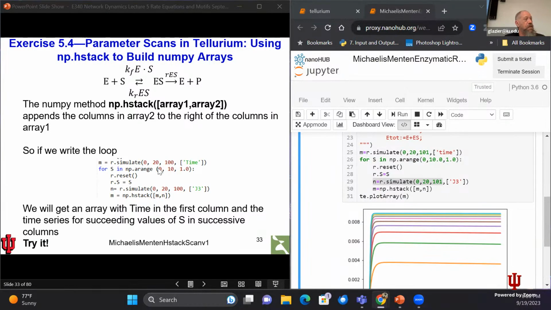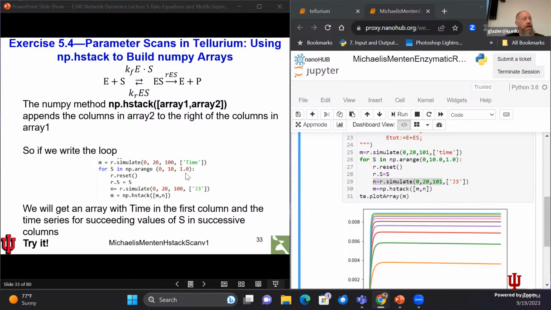So what we have here is we do M equals R dot simulate 0, 20. Well, I made it 101 instead of 100 here. And the stop time. And that's creating the first column, which will have the times. And then I'm looping over S, and S is going to have the values 0, 1, 2, 3, 4, 5, 6, 7, 8, 9.